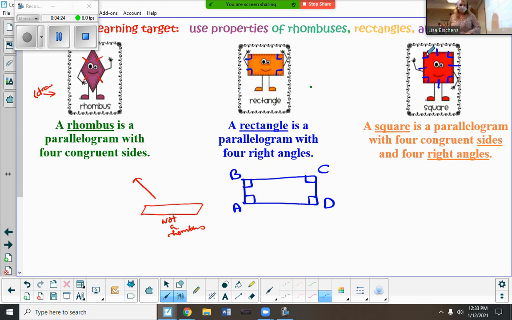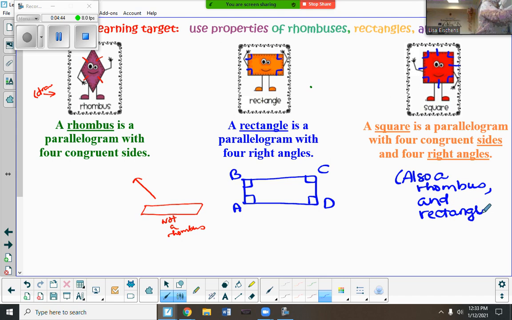Now a square, because it has 4 congruent sides, is also a rhombus, with 4 congruent sides, and it has 4 right angles. So a square is also a rectangle. So a square is a rhombus and a rectangle.